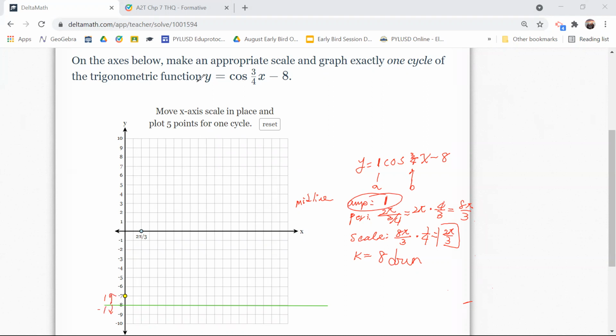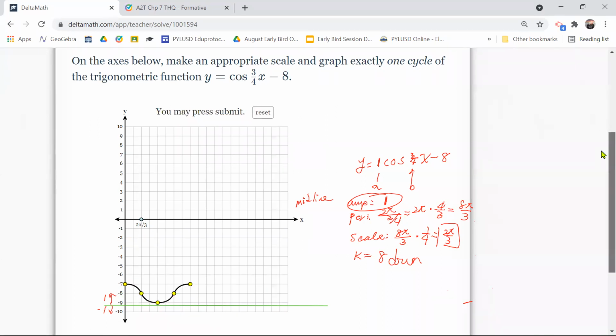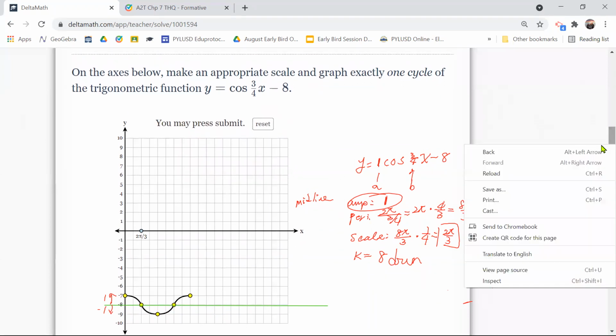Right? So this is a cosine. Cosine starts from the top and then goes to the middle, goes down 1, goes to the middle, and then goes up 1. Oh, I don't like that. 2 units away. Right? So try to equal space. There. Okay.